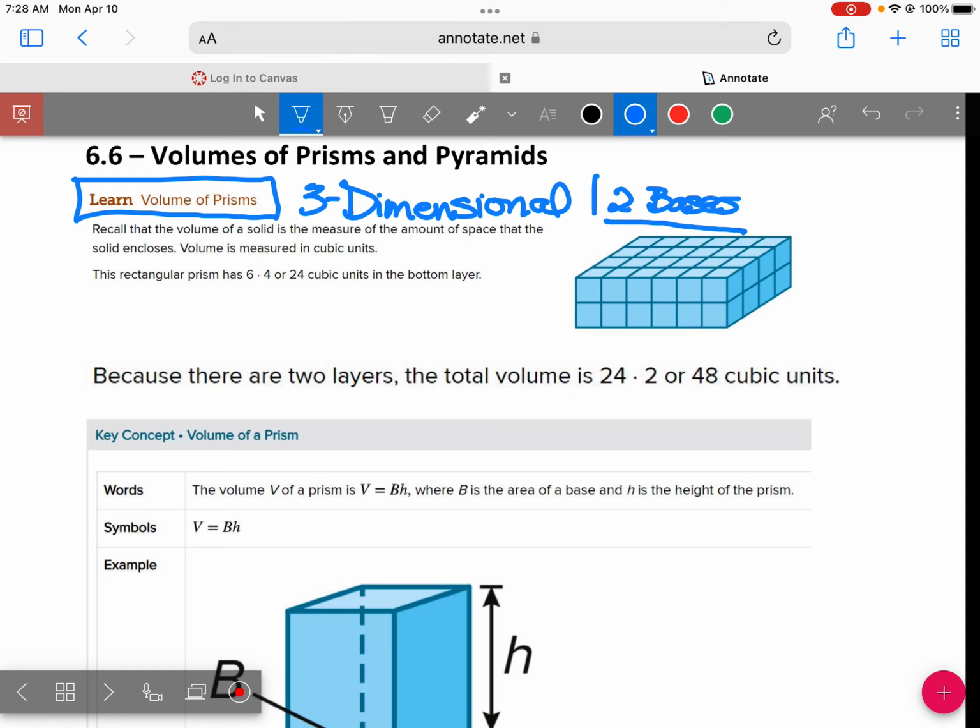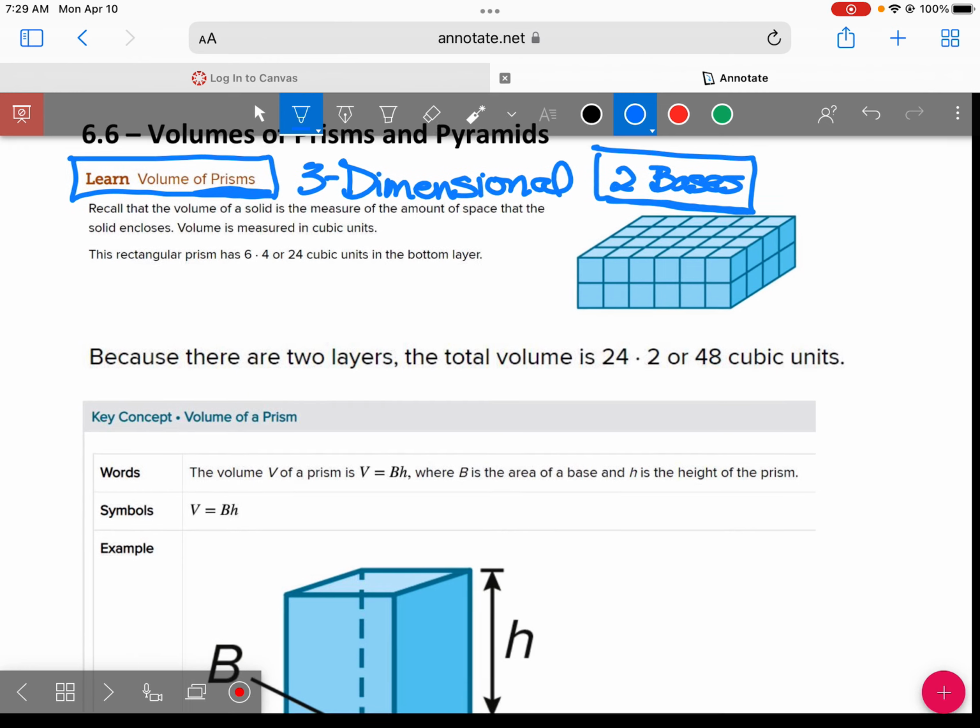Okay, that is really important for a prism. 2 bases that look exactly the same. 3-dimensional, 2 bases, and I think that's probably it. That's talking about a prism, okay?